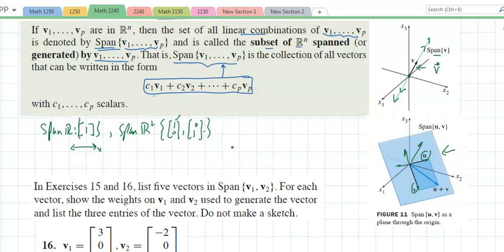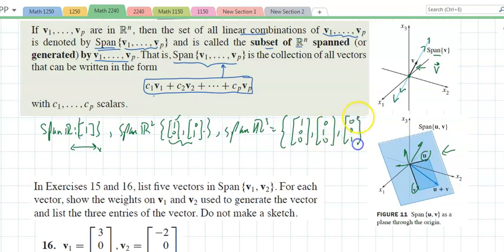So any coordinates you give me in two dimensions, it's in the span of those two. And if I go for R3, the span of R3 is actually the vectors (1, 0, 0), (0, 1, 0), and (0, 0, 1). If you want to go by coordinates, you could do that all the time.